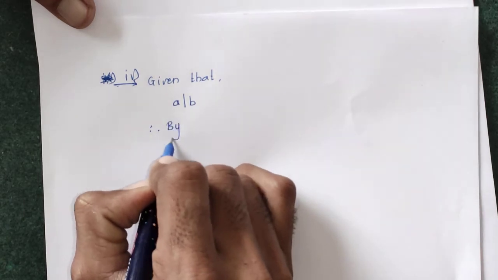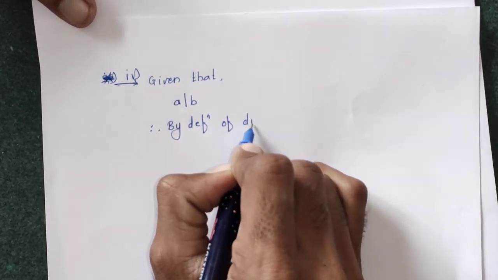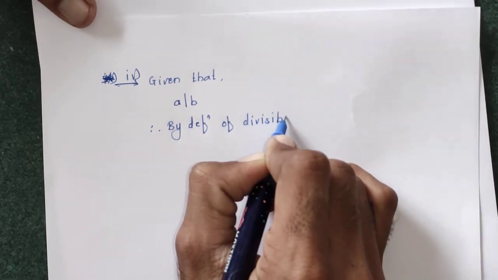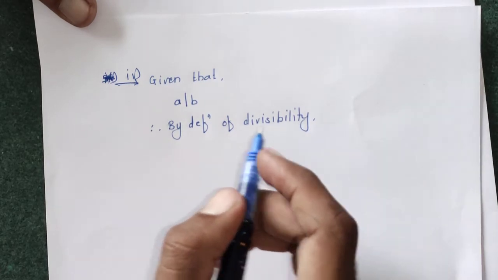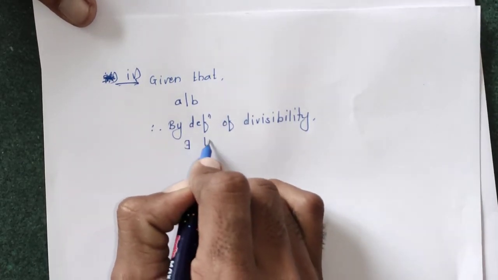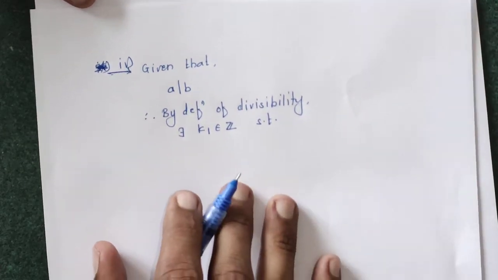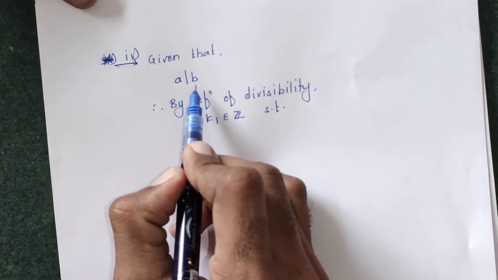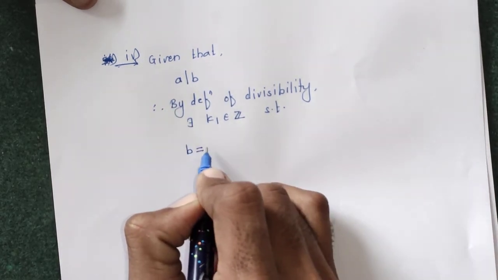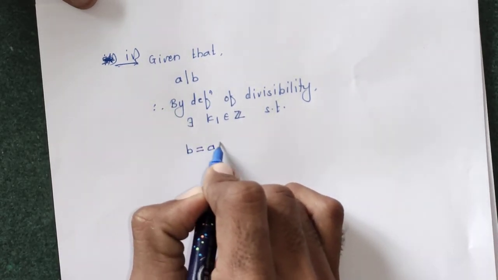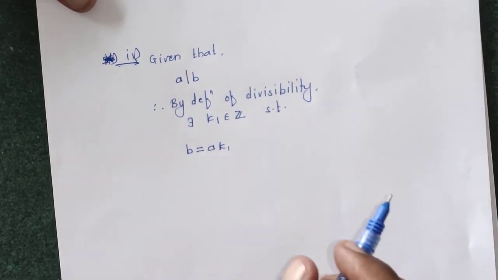By definition of divisibility, there exists some integer, suppose k1, such that B is written as a multiple of A, that is B is equal to A into k1, and this k1 is an integer.